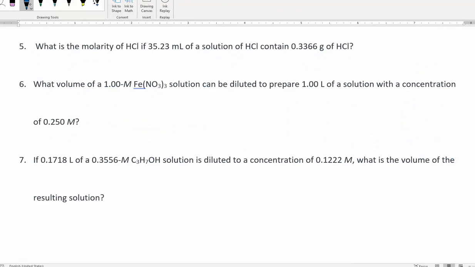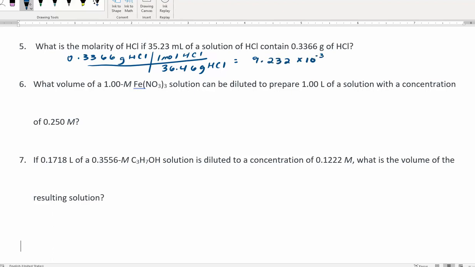Number 5, what's the molarity of HCl? If 35.23 milliliters of a solution of HCl contain 0.3366 grams of HCl, well, again, with the mass, we have 0.3366 grams of HCl. We need to use the formula mass. So 1 mole of HCl is 36.46 grams of HCl. So I get 9.232, and I'm going to leave this in my calculator, times 10 to the negative 3 moles of HCl.